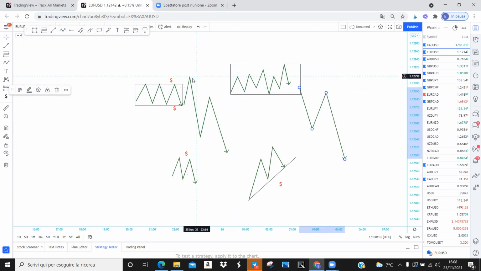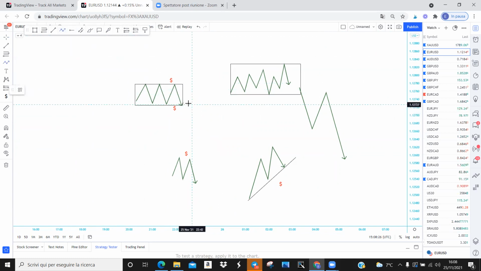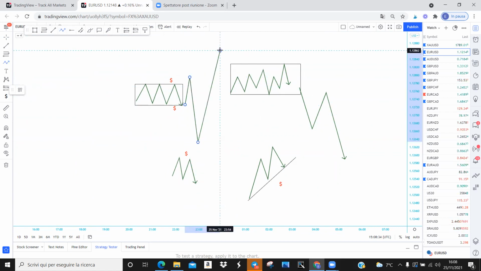In this case, manipulate, drop, retest during New York, and continue, okay? Now, another option is manipulate, London rally after manipulation, New York reversal.